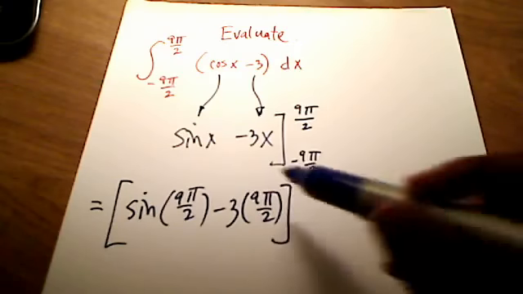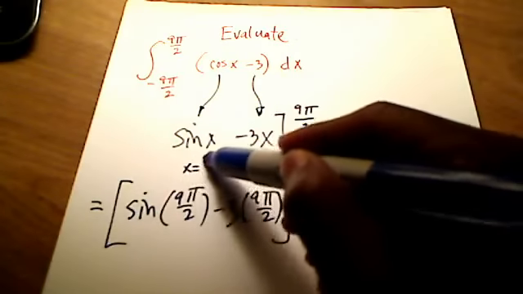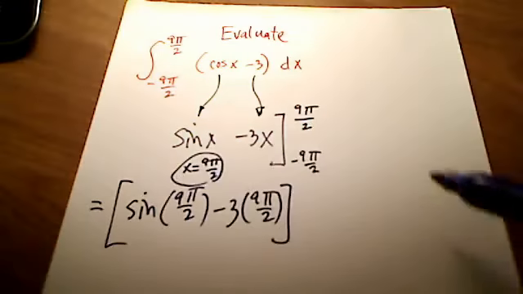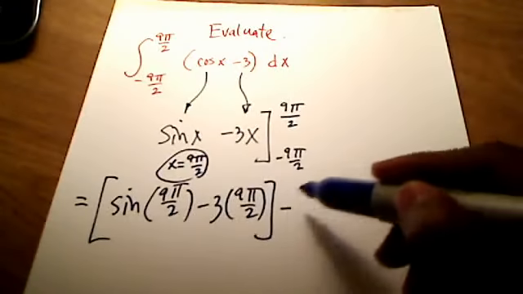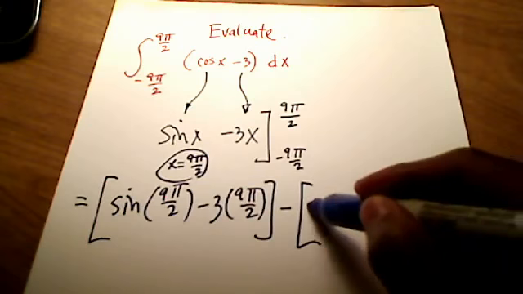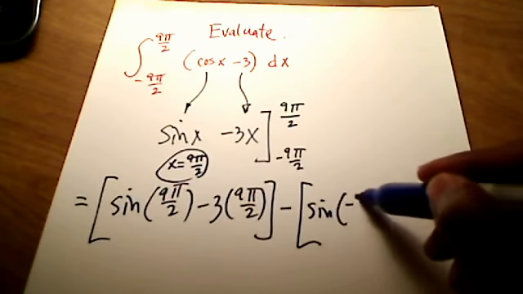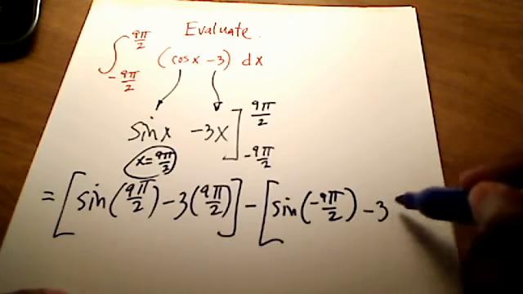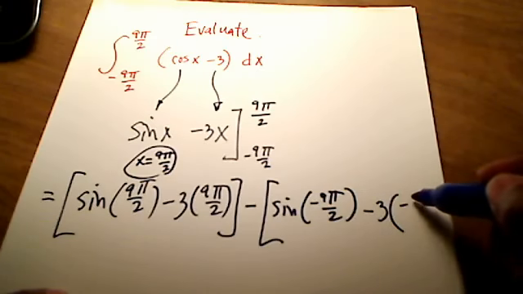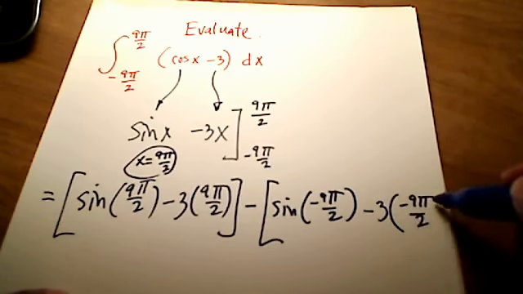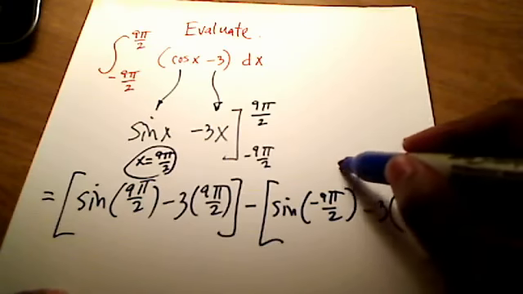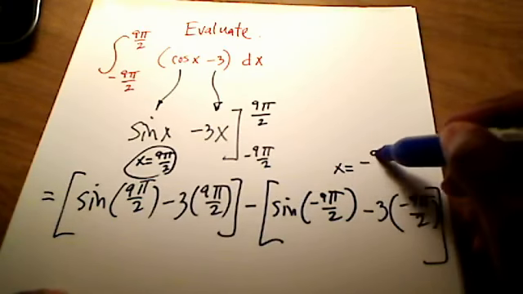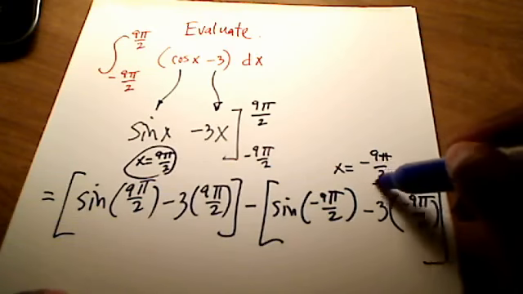That's where everywhere I see an x, I'm plugging in a 9 pi over 2. And minus the quantity sine of negative 9 pi over 2 minus 3 times the quantity negative 9 pi over 2. And in this case, everywhere I saw an x, I plugged in a negative 9 pi over 2. Hope that's easy to see.